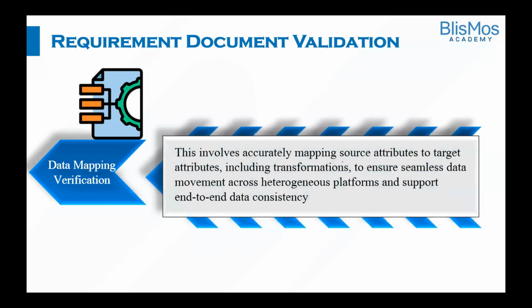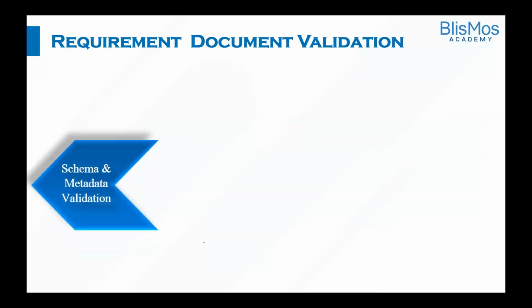Data mapping involves accurately mapping the source attributes to the target attributes, including transformations. So if you have not mentioned the source attributes like source columns, source fields, and how they are getting transformed, then obviously there is an issue with the data mapping, and that needs to be highlighted well in advance.